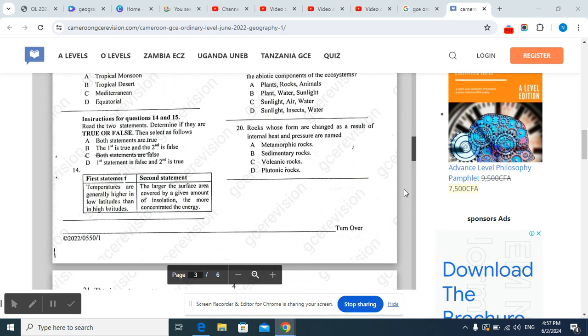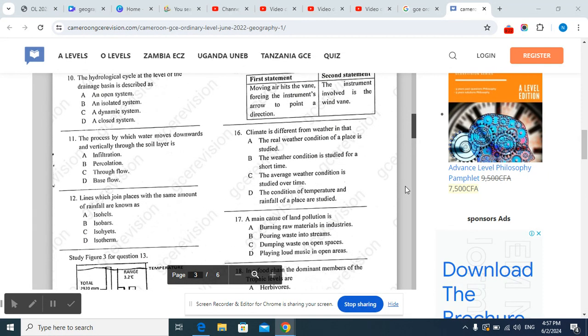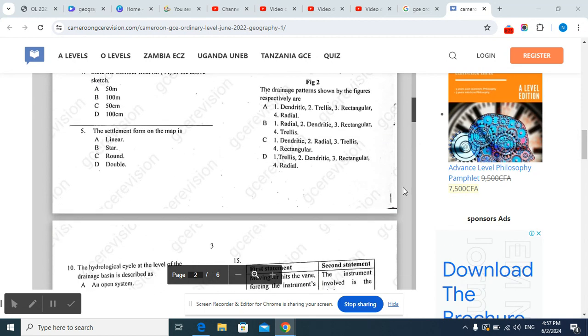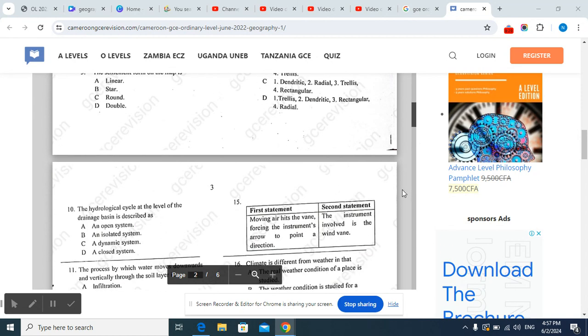The first statement: temperatures are generally higher in low latitudes than in higher latitudes. Second statement: the larger the surface area covered by a given amount of insulation, the more concentrated the energy. So, for 14, the answer is B.